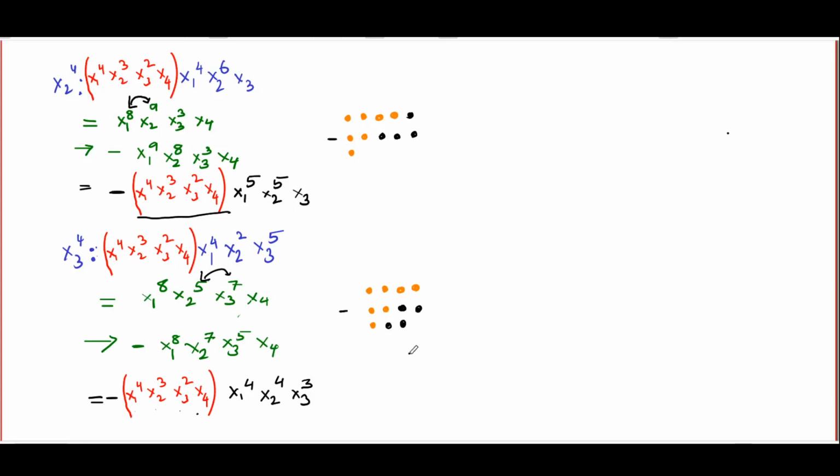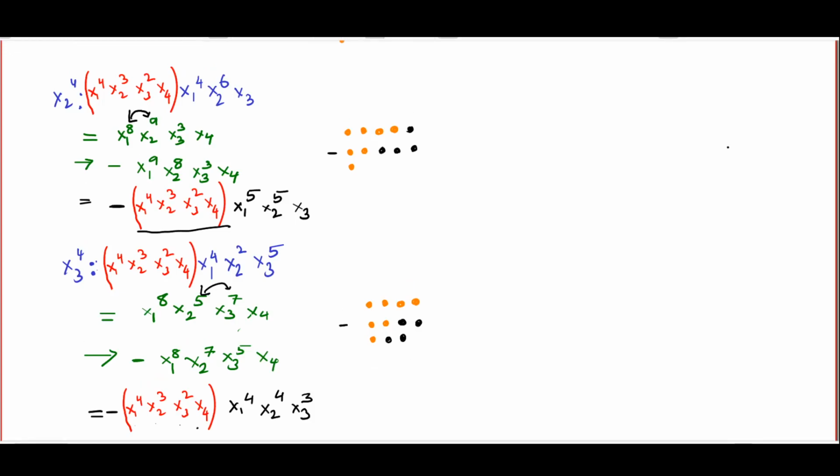So this is your scenario. This is a perfectly legitimate Young diagram at the end, and therefore this is exactly going to give you a legitimate term. And because 2 rows have been affected, you have added dots to 2 rows. This is an odd application, so you get a minus sign.